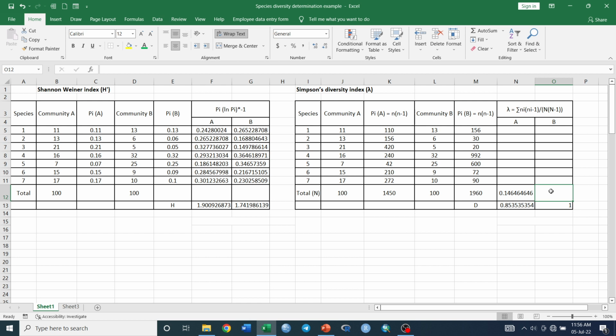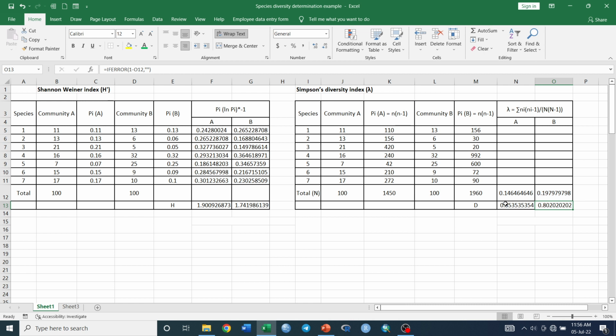We can apply the same for community B. The sum of ni times ni minus 1 is this one, divided by, open the bracket, total observation times total observation minus 1, close the bracket and hit enter.